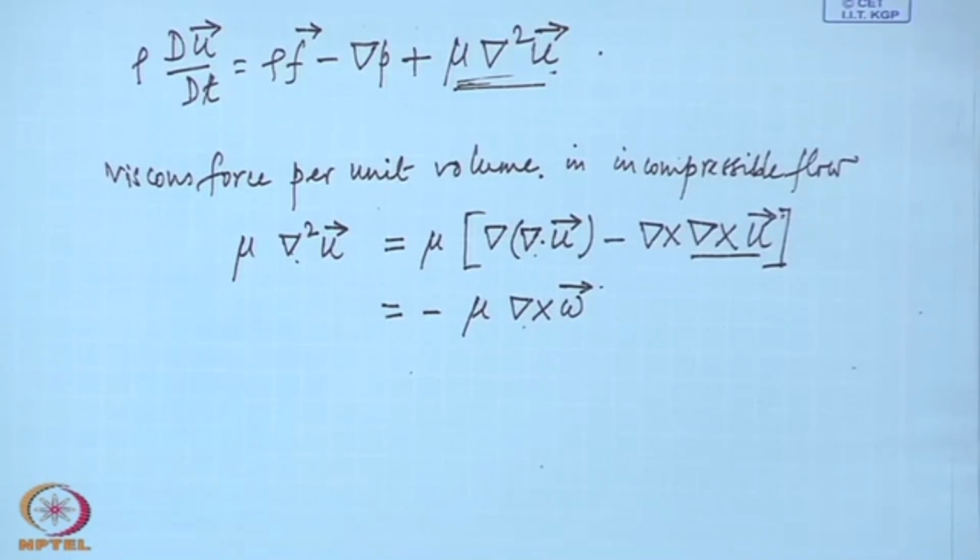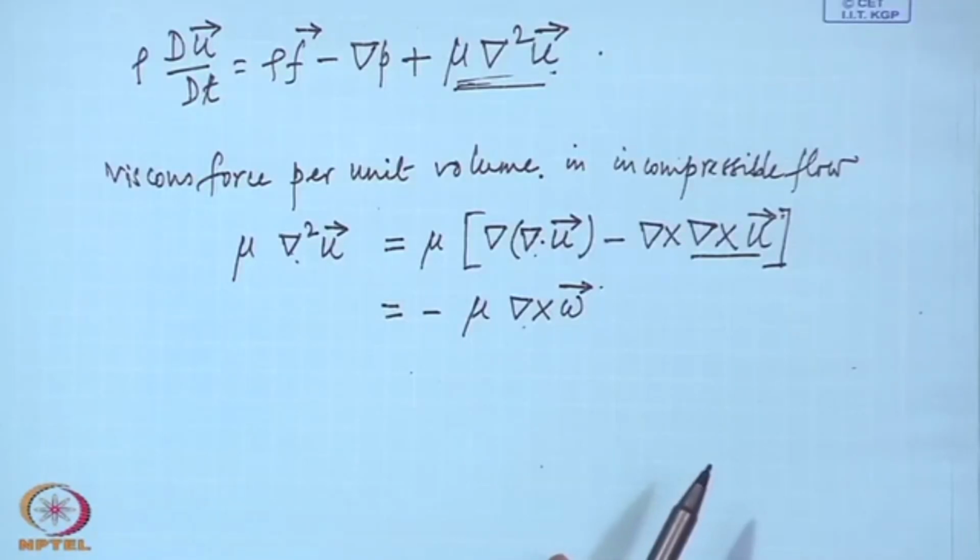So, it will be true that if vorticity is 0 or vorticity is uniform, then the viscous force per unit volume will have 0 magnitude, but the viscous stresses may be non-zero, but the viscous stresses will give a total viscous force of 0 magnitude.